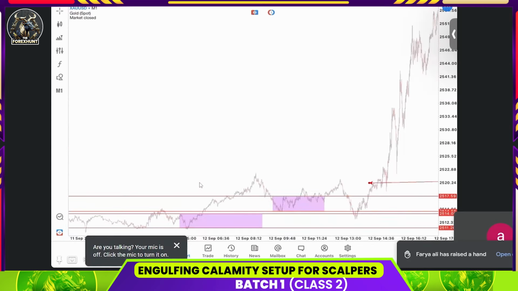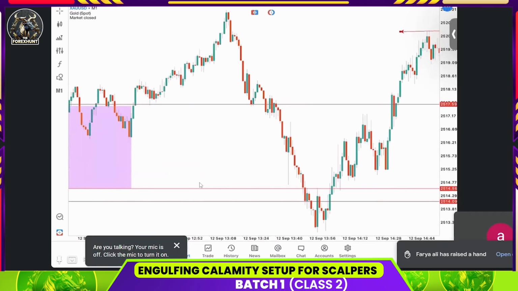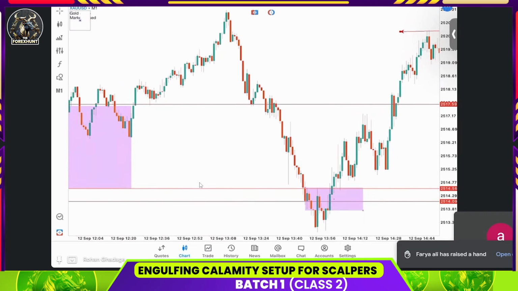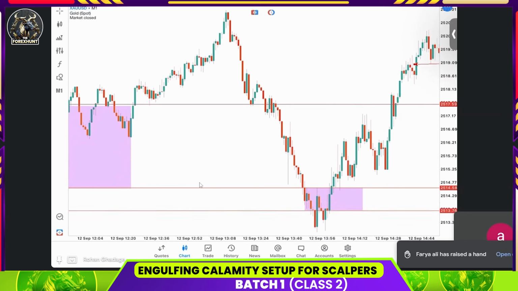Going back, we have one sell fail in M1. Can you see? Sell, fail, touch, and market didn't come to your area after 20 pips. This was your entry. Sell, fail.